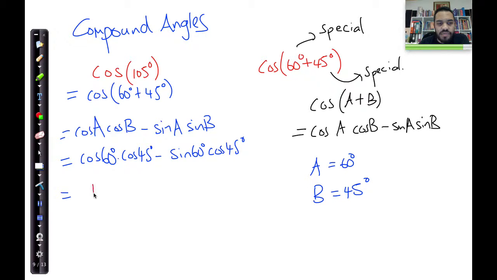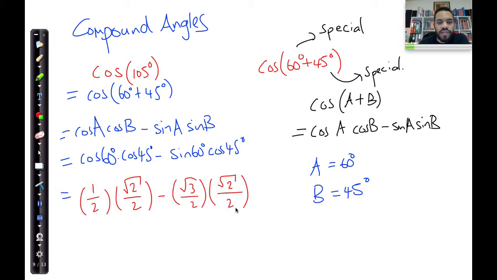Cos 60 is 1 over 2, cos of 45 is root 2 over 2, sine of 60 is root 3 over 2, and cos of 45 is root 2 over 2. Now, you can be saying already, there's a mistake. You wrote down the identity wrong. That should be sine. Sorry, I got distracted there by the smell of the muffins inside. But nevertheless, cos, sine, minus.